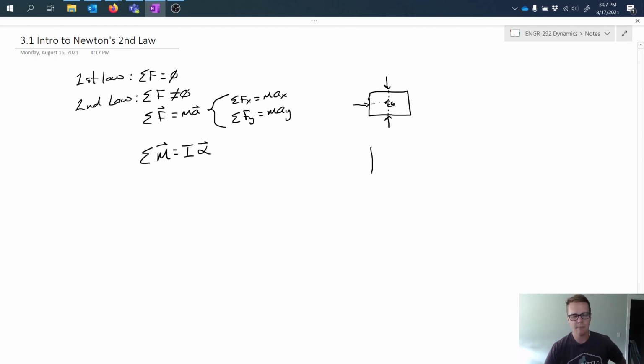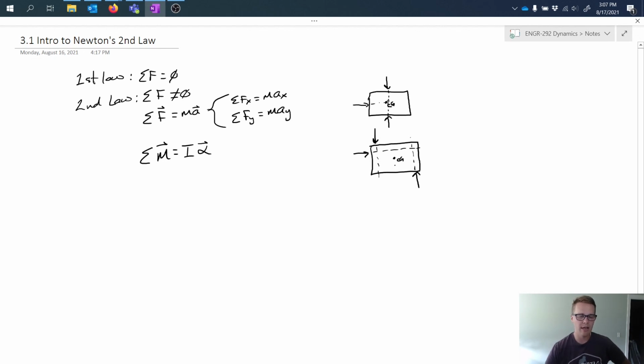In a rigid body, we can have the same sort of shape with the same center of gravity location, but now suppose I have forces acting on different locations that don't necessarily have lines of action that are coincident with the center of gravity. Now these things can cause rotations of this object and produce some sort of rotational outcome in terms of angular acceleration, denoted with an alpha here.